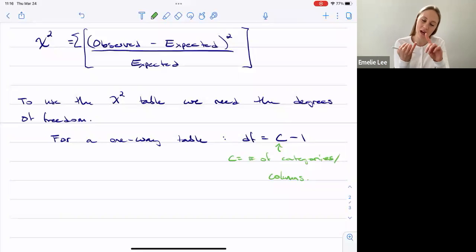But then once we have our degrees of freedom and our chi-squared, we're off to the races. We can use the chi-squared table and you can either find the p-value or you can use the critical value approach. Of course, the question's going to guide you. It'll ask for the p-value or the critical value. And so we need to be prepared to solve it both ways.